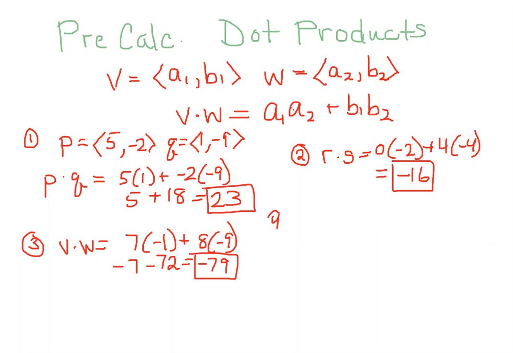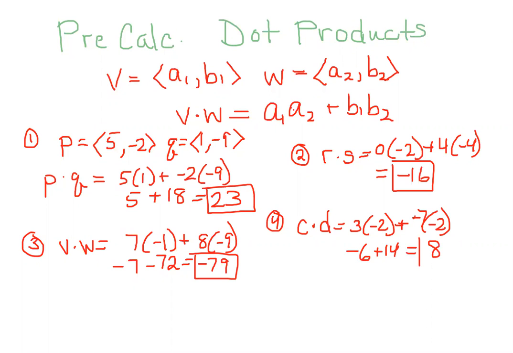And number four, we've got C dot D equals 3 times -2 plus -7 times -2. So we got -6 plus 14, and that equals 8. Okay, that's how you find the dot product.